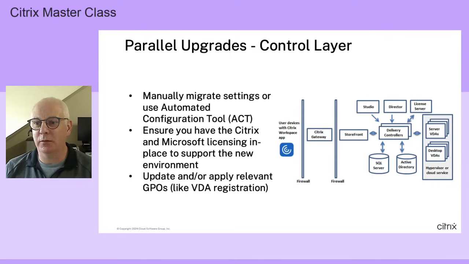If we can move to the next one. So here we've got the control layer. This is actually your on-premises site. Now, you can use the automated configuration tool to export and import, so backup and restore your database and configurations while you're doing the upgrade.